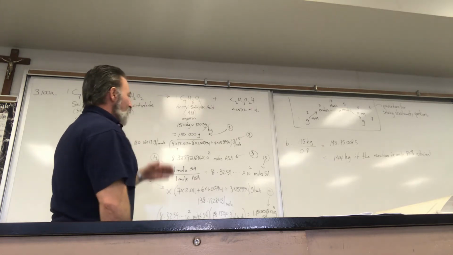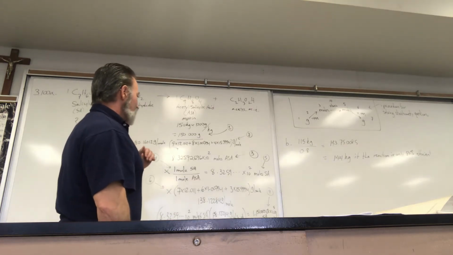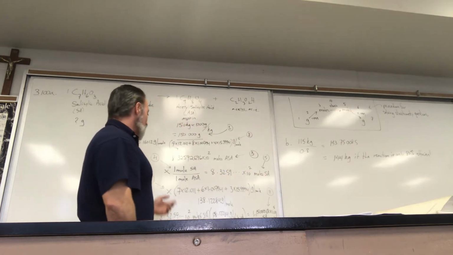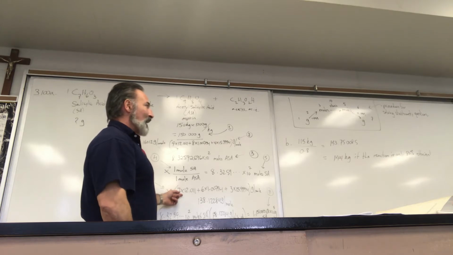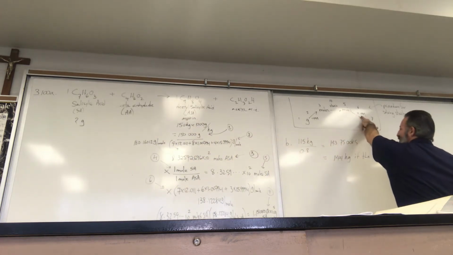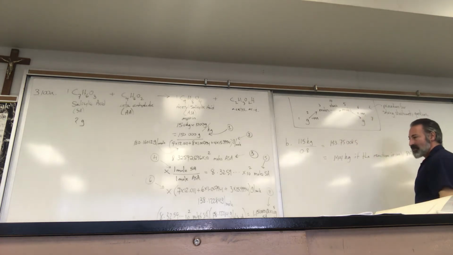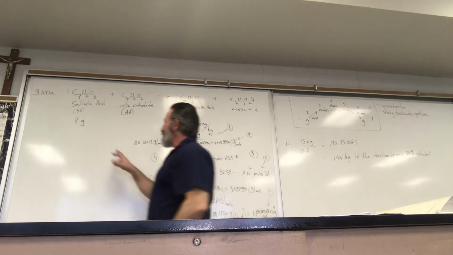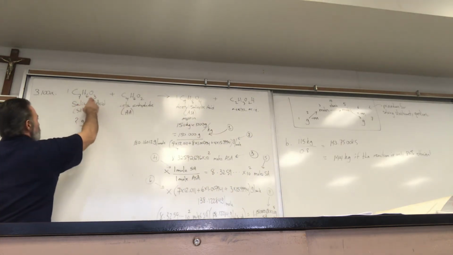The next step is to convert from moles of salicylic acid to grams of salicylic acid. And to do that, we have to multiply by the molar mass, as it says here. Step 6 is to multiply by the molar mass of the other substance, which in this case is salicylic acid. Salicylic acid contains 7 carbons, 6 hydrogens, and 3 oxygens.